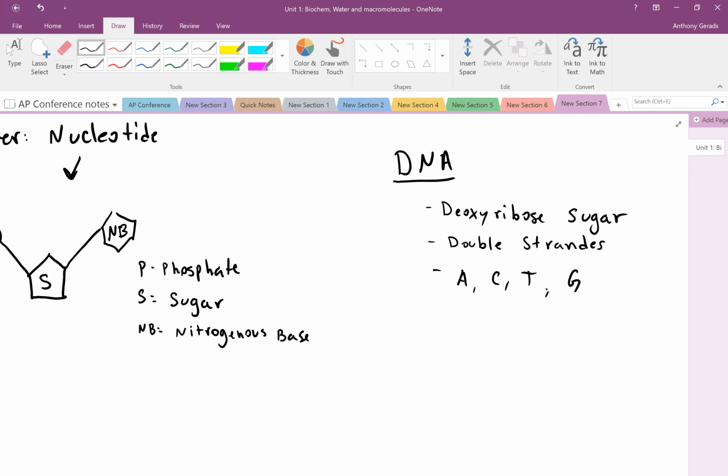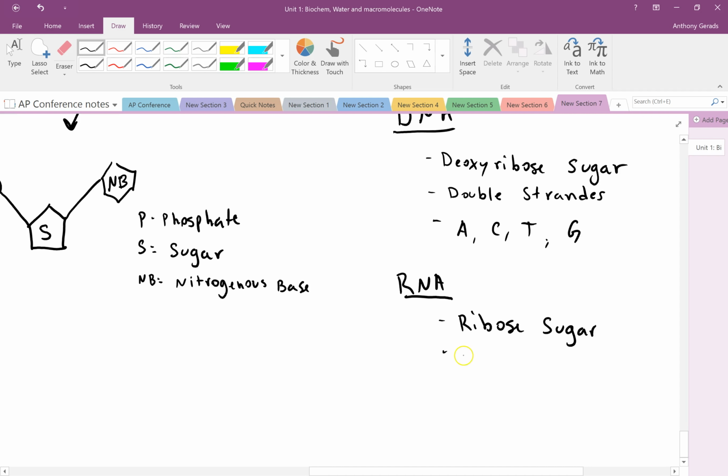And then I can have RNA. It's going to have a ribose sugar, generally single-stranded.